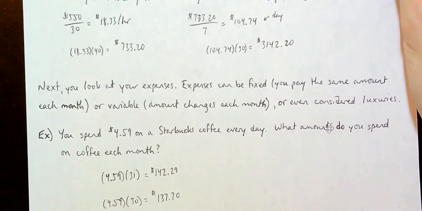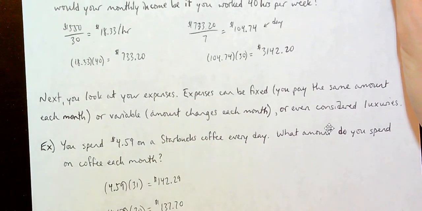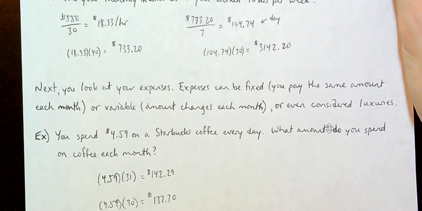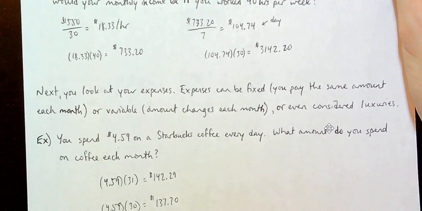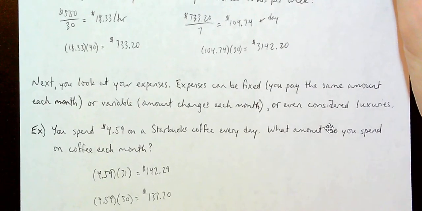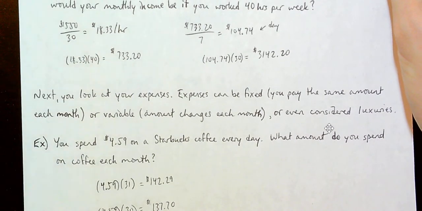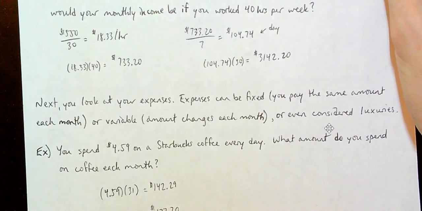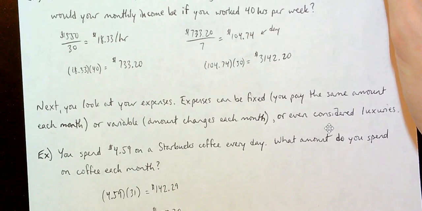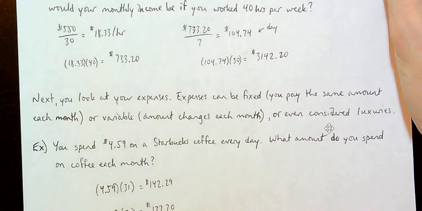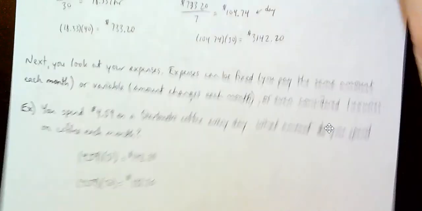So these types of costs, things that are fixed, things that are variable, luxuries, these are things you can calculate each month, or the things that naturally get billed every month, like your rent, your utilities, your cell phone plan, your monthly food, clothing, whatever. Some expenses don't get paid every month.